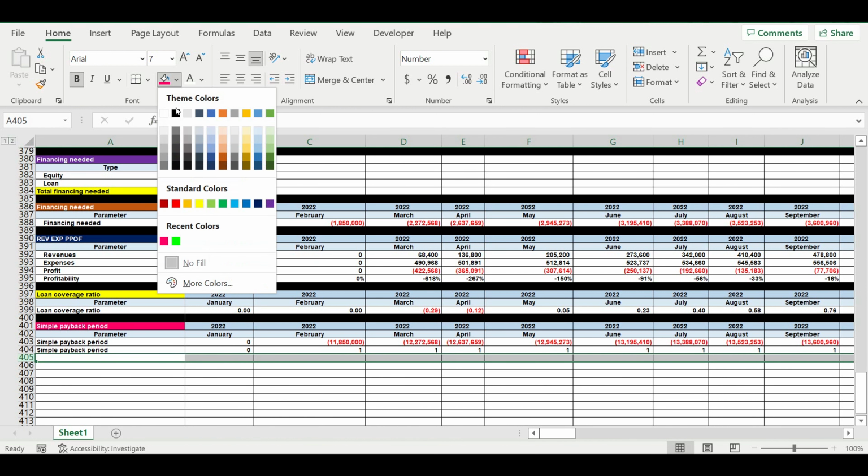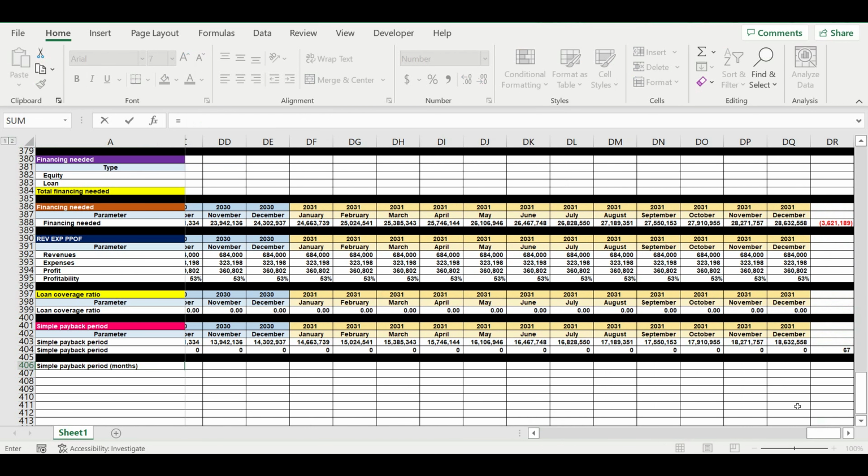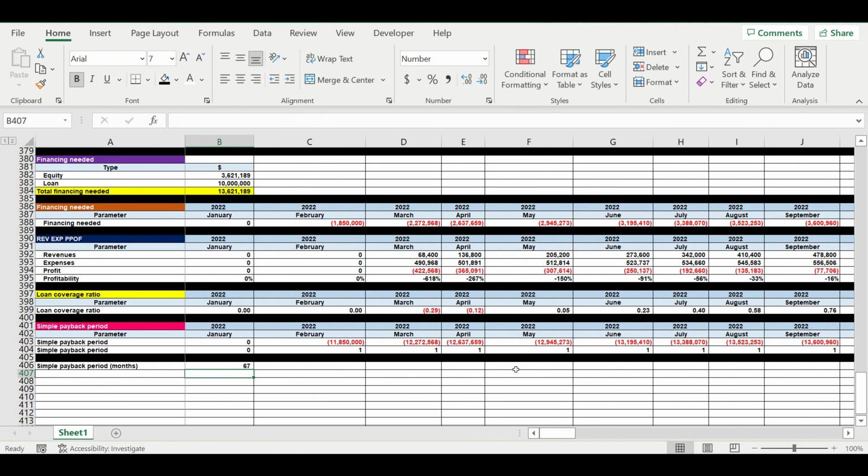So simple payback period, copy, paste this as values, months. We will pick the value from the end of our timeline. Then we can prepare this timeline for the diagram.